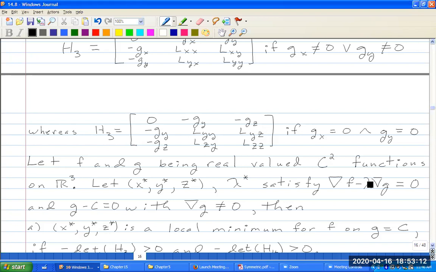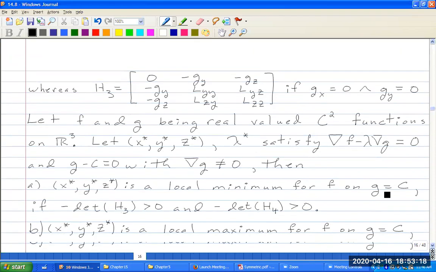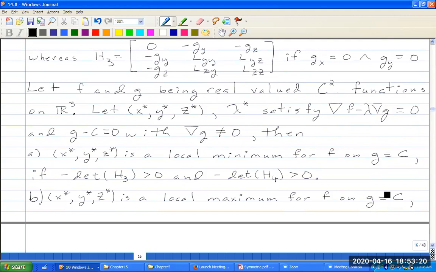Otherwise, everything's going to be 0, it's a constant function. I hope I did state above that we're assuming we're not at a place where everything's constant, because then it's trivial.